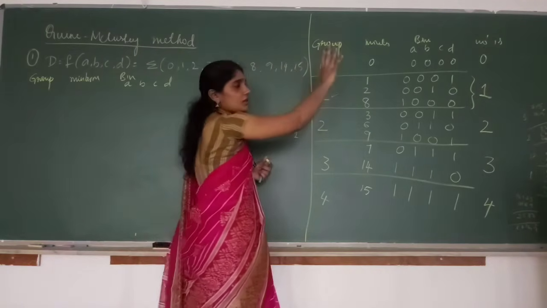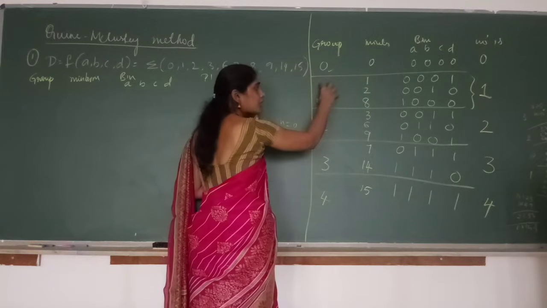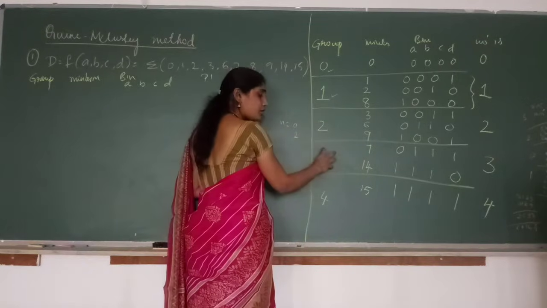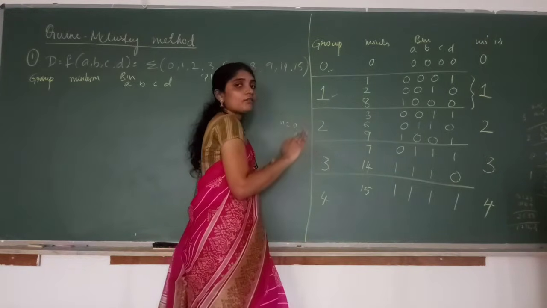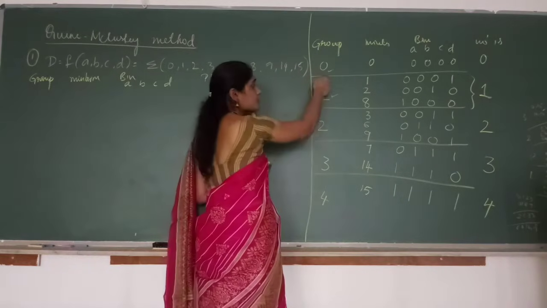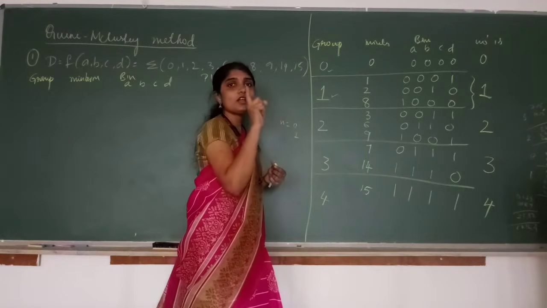So you have to compare the min terms present in the nth group with the n plus 1 group. So, very simple. Compare all the min terms present in group 0 with group 1. Group 1 with group 2. Min terms of group 2 with group 3. Group 3 with group 4. When you compare, when will you group the min terms of group 0 with group 1? Only when they differ in only one position.